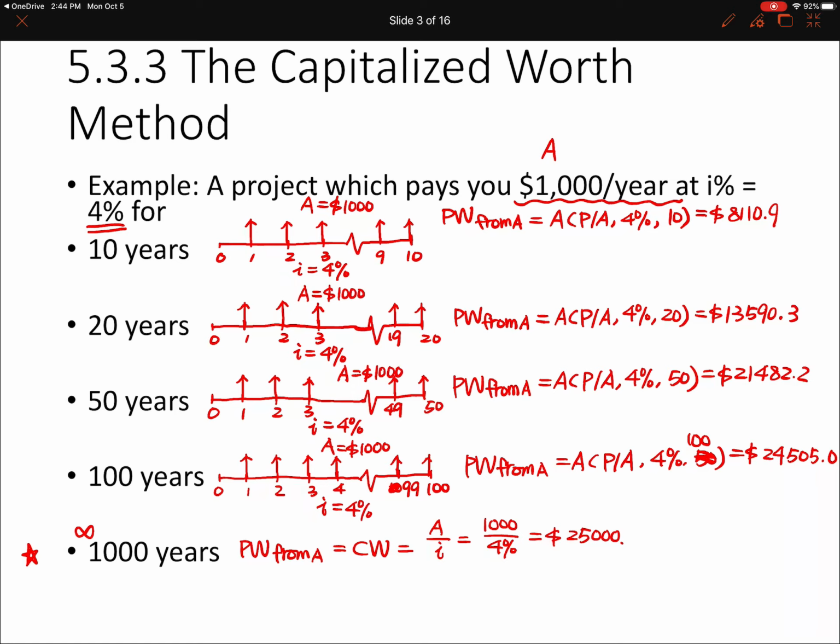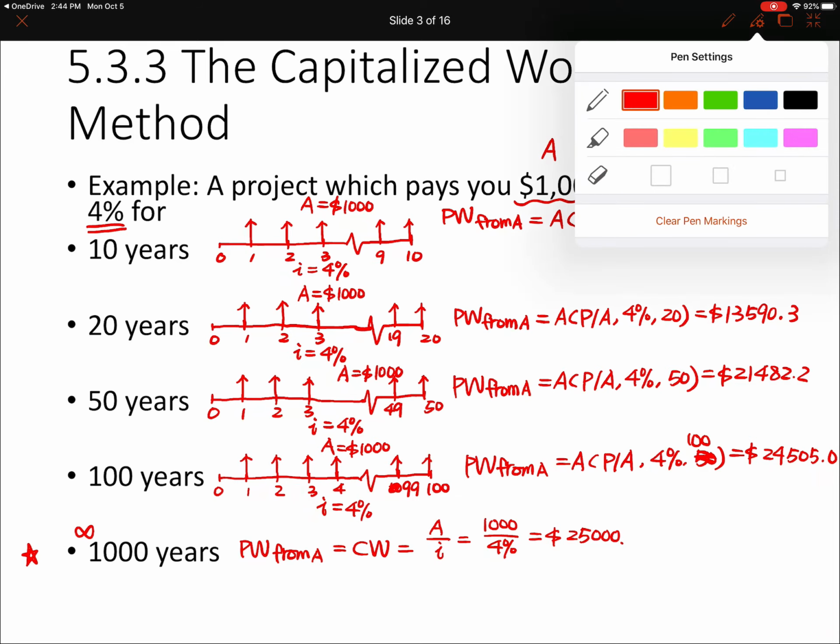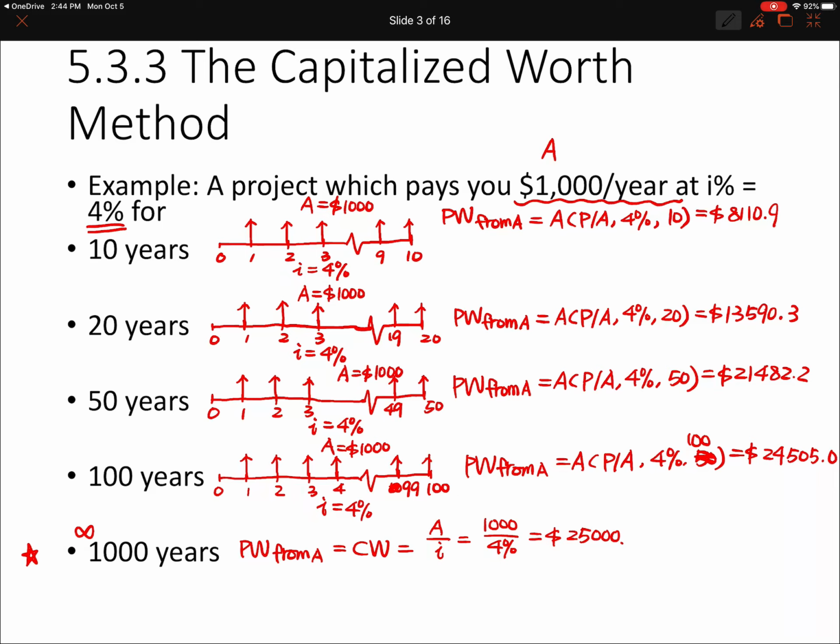We know we're going to use this, but now let's illustrate all of these values on a chart so you can have an idea why, for infinite years, it's just this simple equation without any factor method.